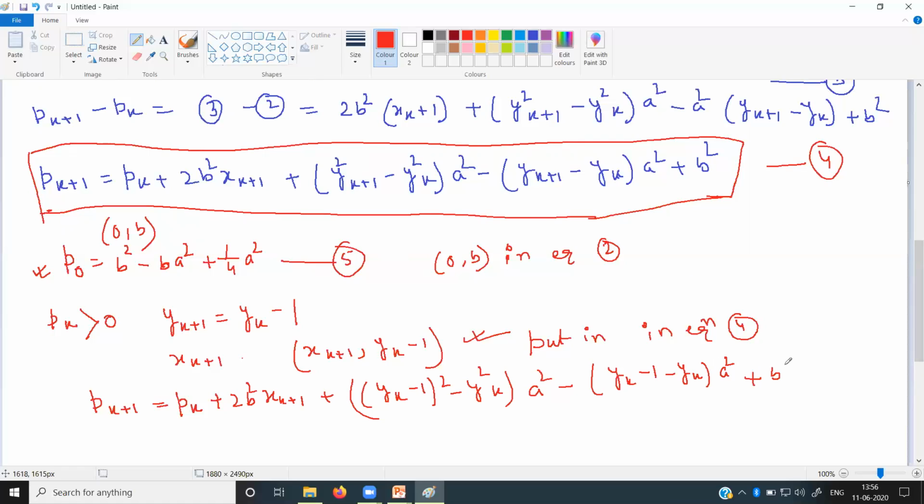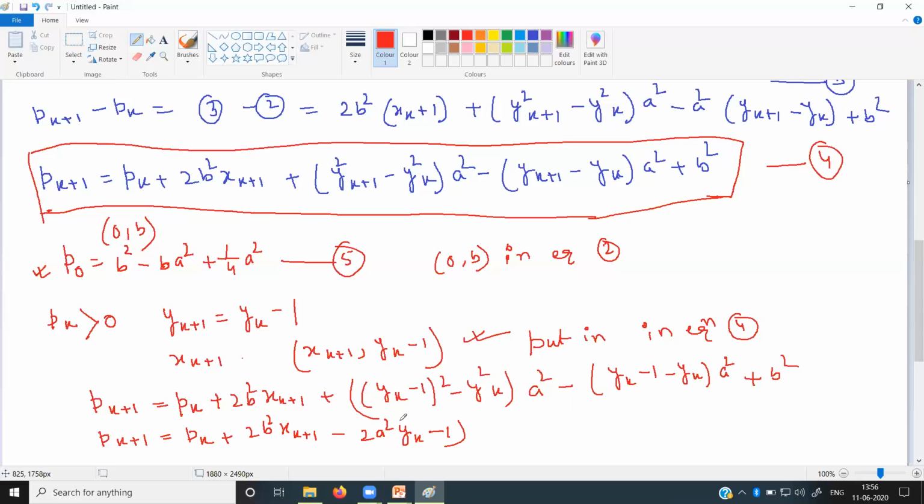Now if you cancel the positive and negative terms, you will get the value of P of k plus 1 is nothing but Pk plus 2b square x of k plus 1 minus 2a square y of k minus 1. Better to write it, instead of writing yk minus 1, basically.